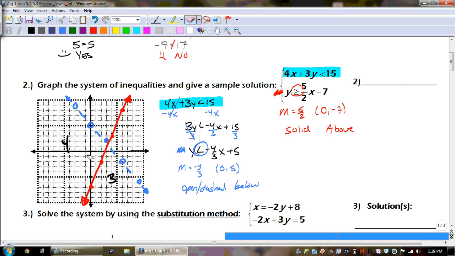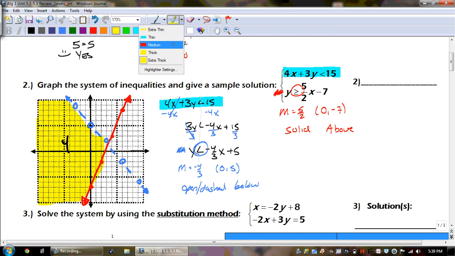So I can erase those right away. Now we have to be above the red line, which means I can cross out 3. So our answer is going to be everything in 4. So I'm going to go through and color everything in.